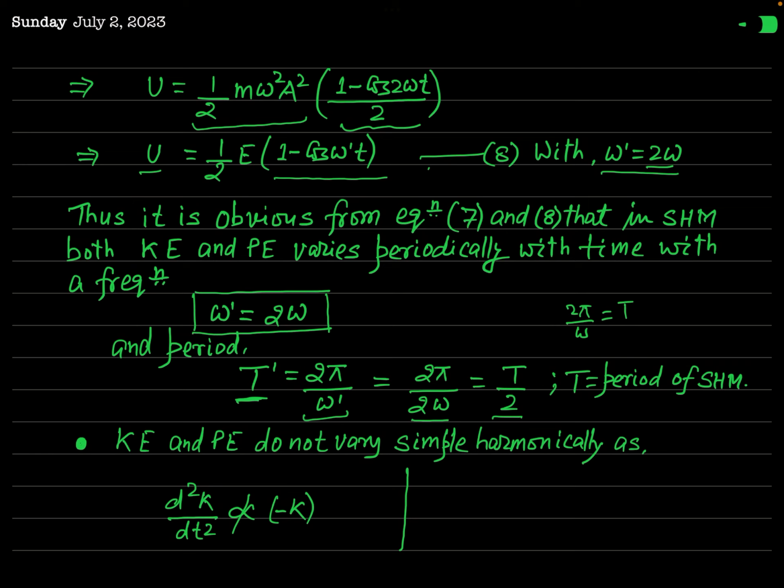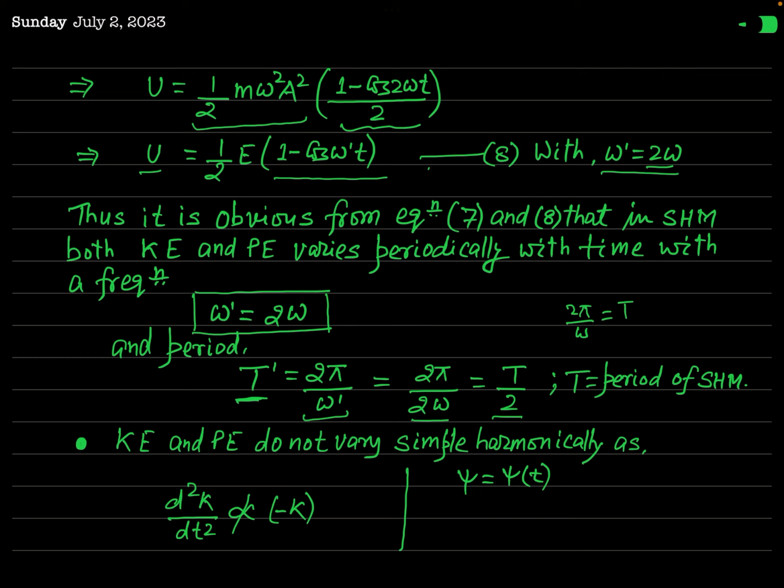As you know, let us say psi is a variable, or psi is a function, and this is a function of t. Then the variation of psi will be simple harmonic. What is the necessary and sufficient condition for it?